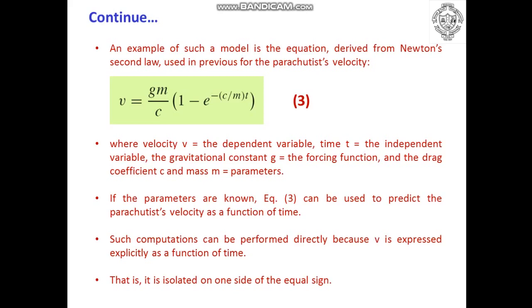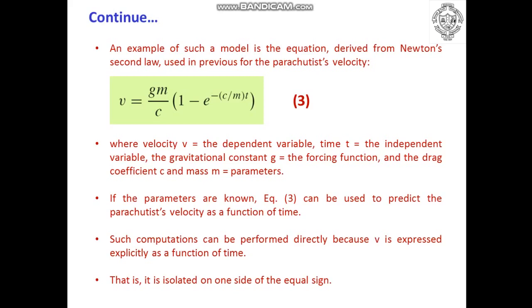The velocity is the dependent variable, time is the independent variable, gravitational acceleration g is a forcing function, and the drag coefficient c and mass m are the parameters which describe the response of that particular system, the parachutist.